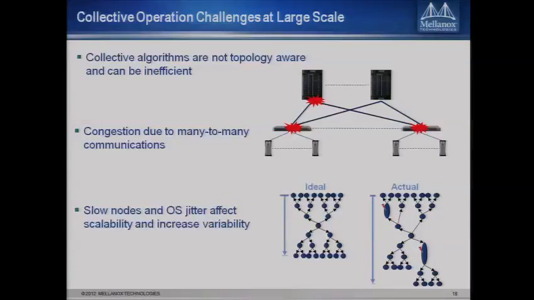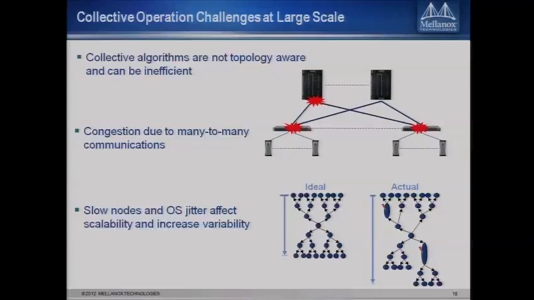Also, because the collective is involved in all of the servers or many processes, your collective operation is only going to be as good as your slowest node. So things like OS jitter can really affect the scalability and also the variability of your collective operation.